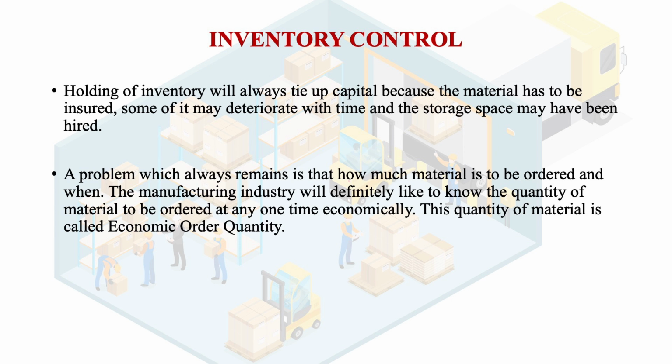Inventory control is a very significant thing in the warehouse and in the company, so that it controls the resources and the warehouse, and your main production line or main service process will not be disturbed and will run smoothly with proper operations. A problem that always remains is how much material is to be ordered and when.